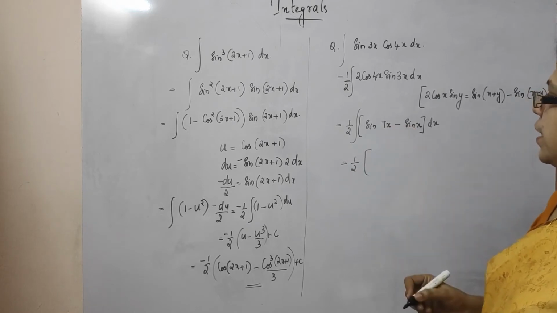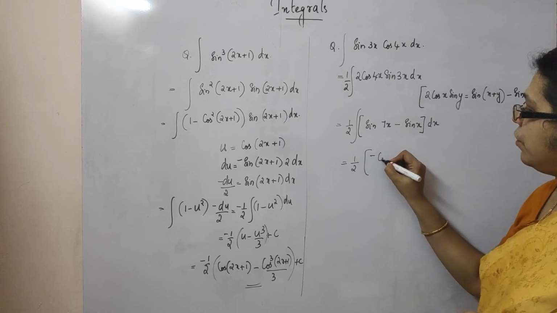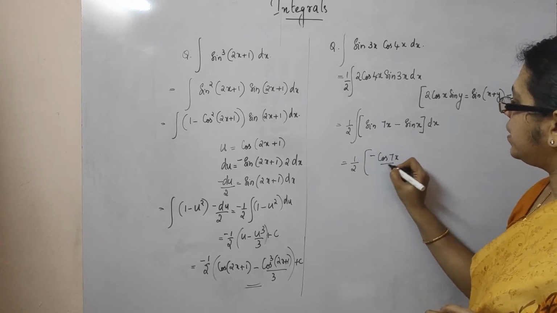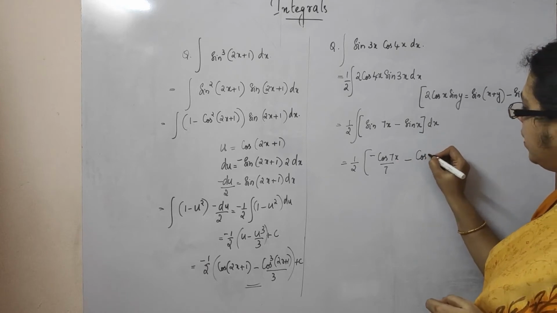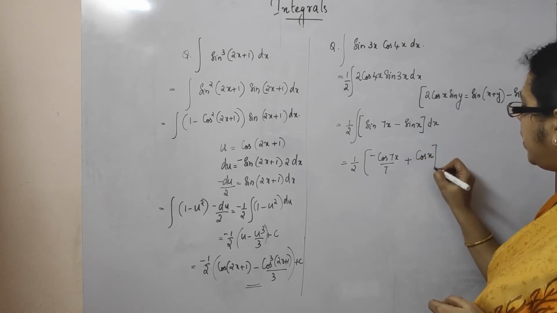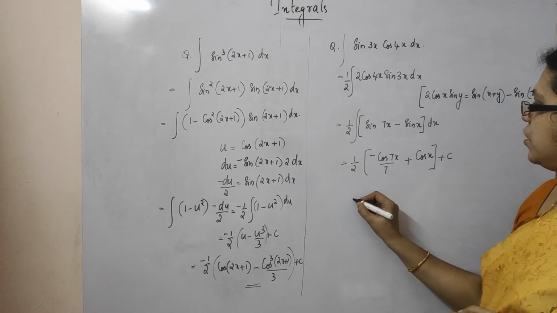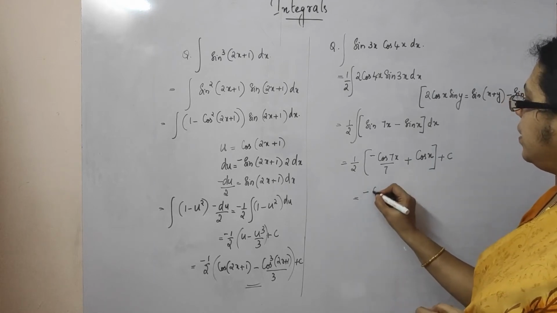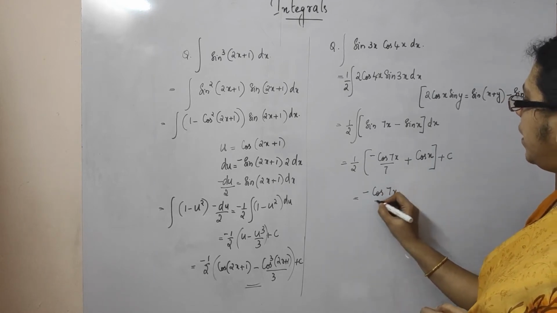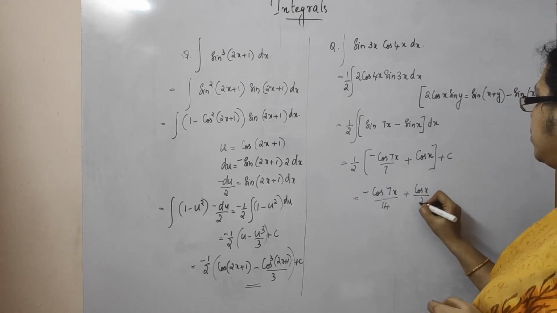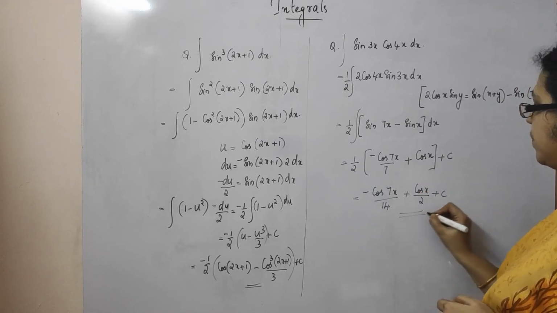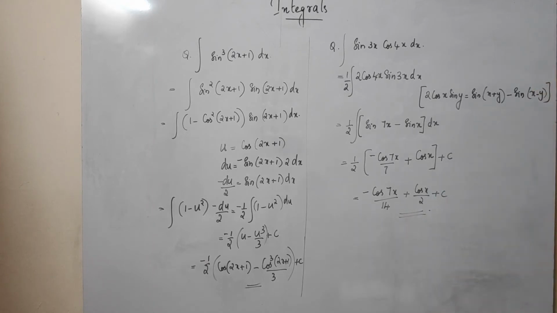The integral of sine of 7x is minus cos 7x by 7, and minus sine x gives plus cos x, plus c. So I may write this as minus cos 7x by 14 plus cos x by 2 plus c. So this is how I integrate it. I hope it is clear.